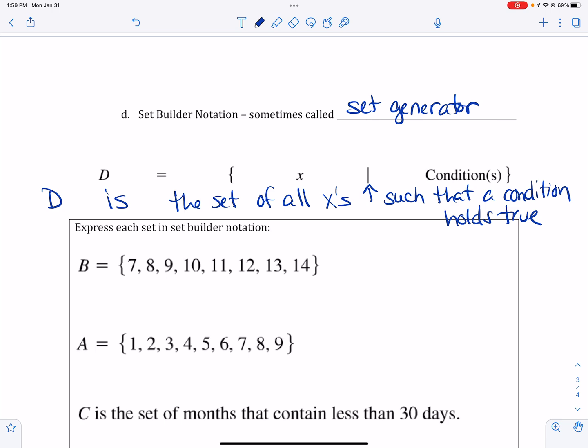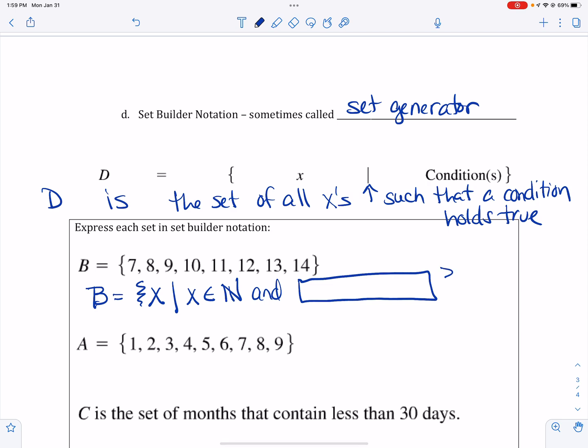And so what they're always going to have is this information when you go into your MyMathLab. They're going to have B is equal to, they're going to have braces, x such that x is a natural number, and then they're going to have a box for you to fill in the condition. So what you're really responsible for is filling in the condition. If you look at this set B, the numbers are between and including 7 and 14.